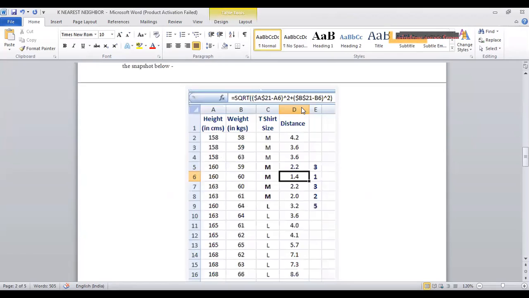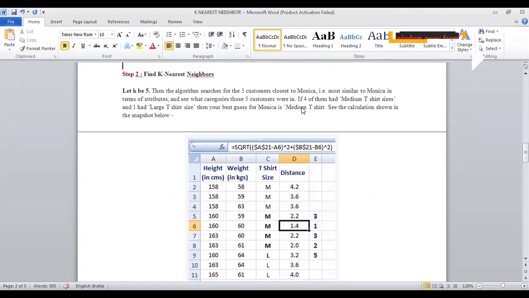Okay, now once this is done, here we have taken k as 5. So the algorithm searches for the 5 customers closest to Monica, that is most similar to Monica in terms of attributes, and sees what categories those 5 customers were in. Now you can see here, out of 5 nearest neighbors, 4 belong to the medium size. Those are 2.2, 1.4, 2.2, 2.0, and 3.2.